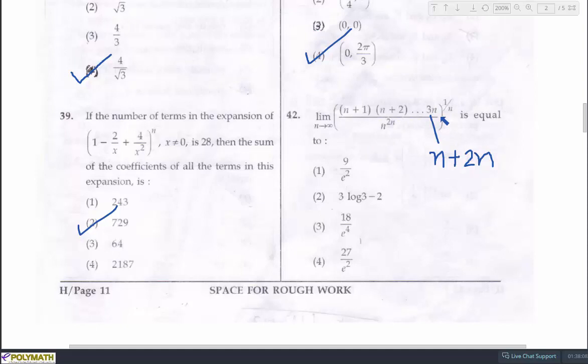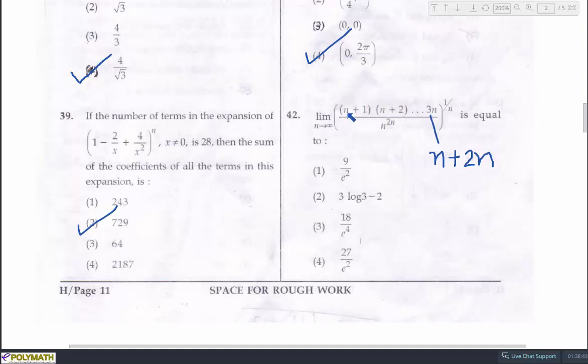Like that we will write it in the sigma notation. Whatever the varying term is, you have to take it as r, and this r range we will write from 1 to 2n, because every factor contains n.